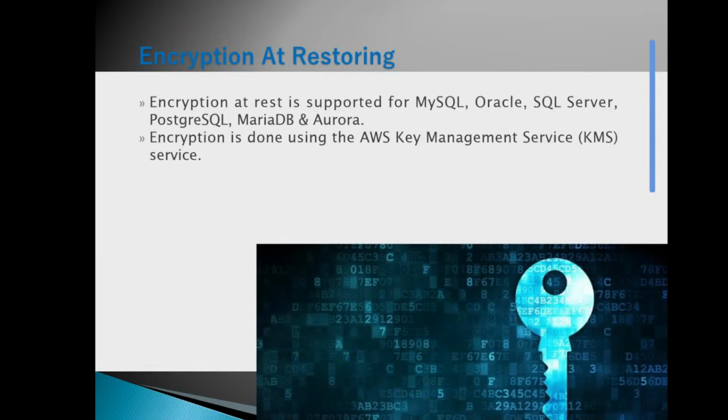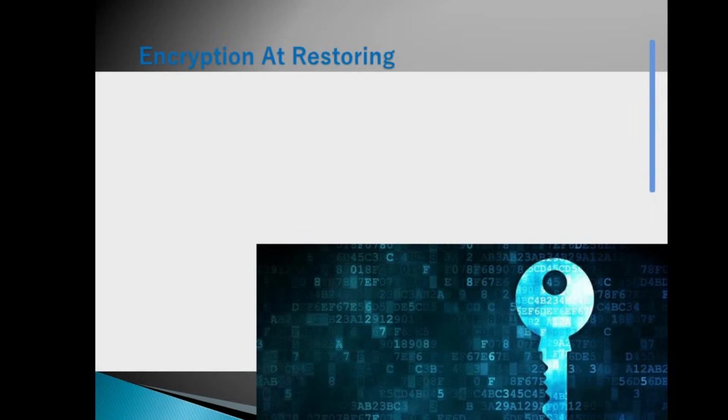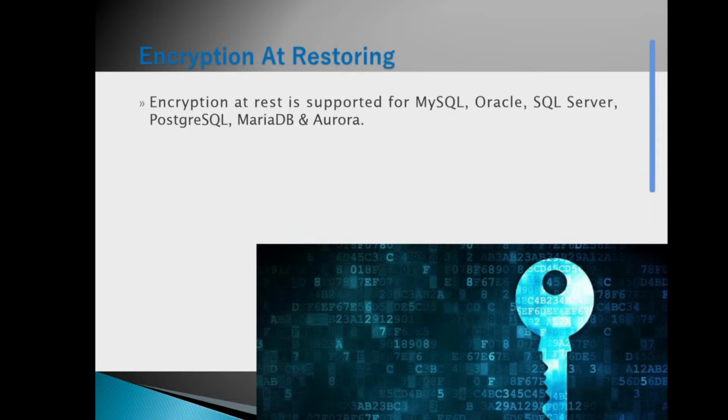Now encryption. What is encryption? We have covered encryption multiple times. We have talked about encryption in S3 and in EC2 machines. Similarly, in RDS also, whenever we are dealing with data, we have to be very careful about what type of data we are dealing with and what the encryption is.